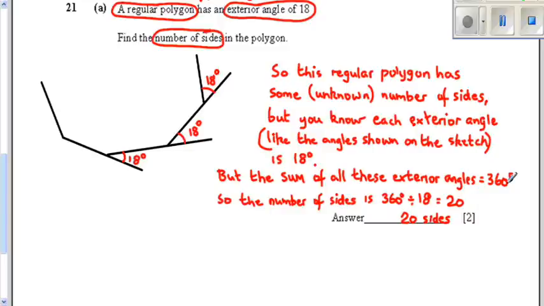Now this is a regular polygon, so each of those exterior angles is 18 degrees, so we can work out the number of sides by dividing 360 by 18, and when you divide that in, you get the answer 20. So that means that this polygon has 20 sides. So the answer is 20.